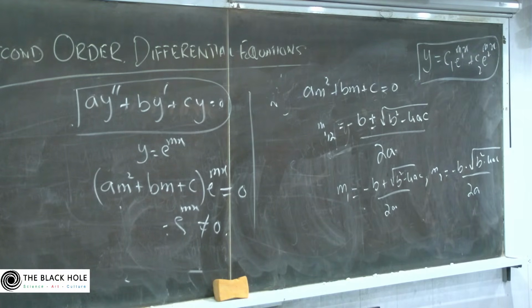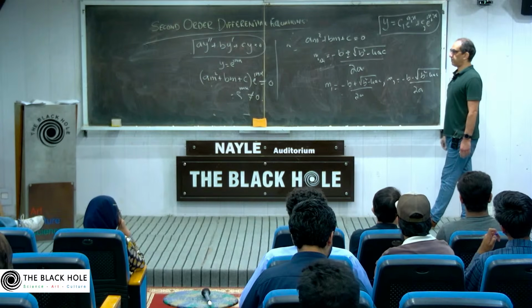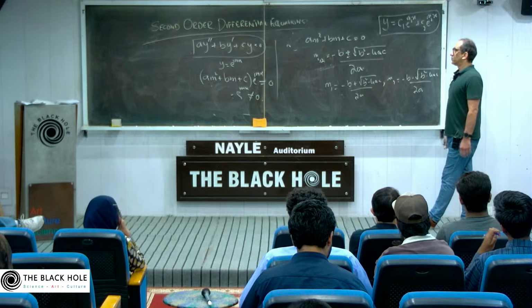Y is equal to C1 e raised to power M1x plus C2 e raised to power M2x. The guys on the Facebook will be very annoyed with me again. Again, he has started using the board in a very strange manner. So, okay. Anyway, I should have gone there. Who's going to be very angry? The guy who is watching me on the Facebook. So one guy said, you shouldn't care about it.